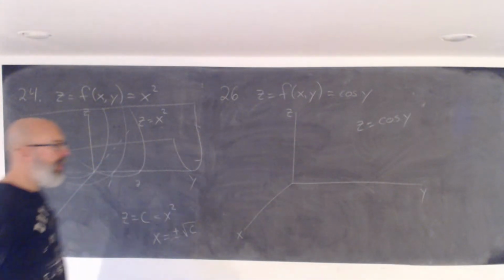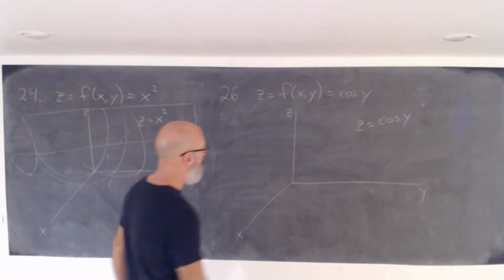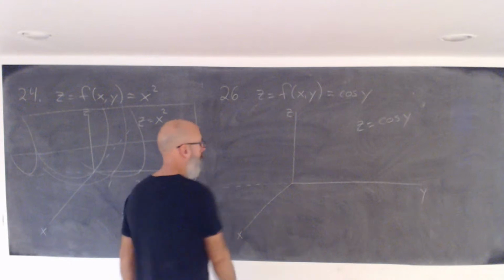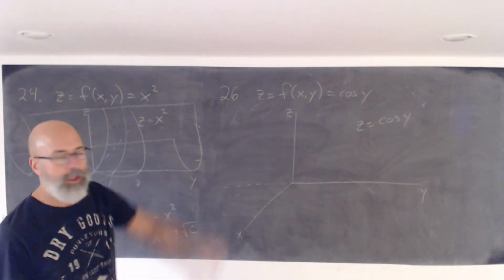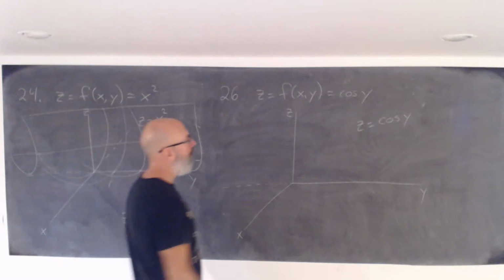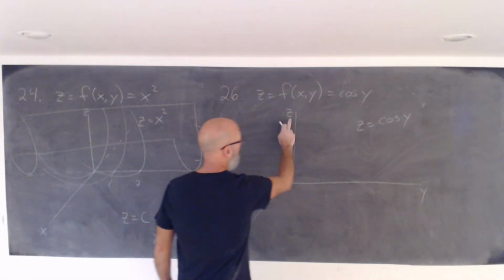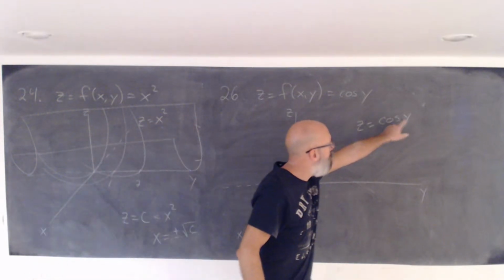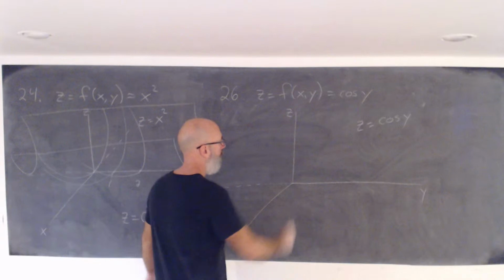Let's draw it in the yz plane. Right? It's just a regular function here where z plays the role of the y-axis and y plays the role of the x variable. You know what that looks like.